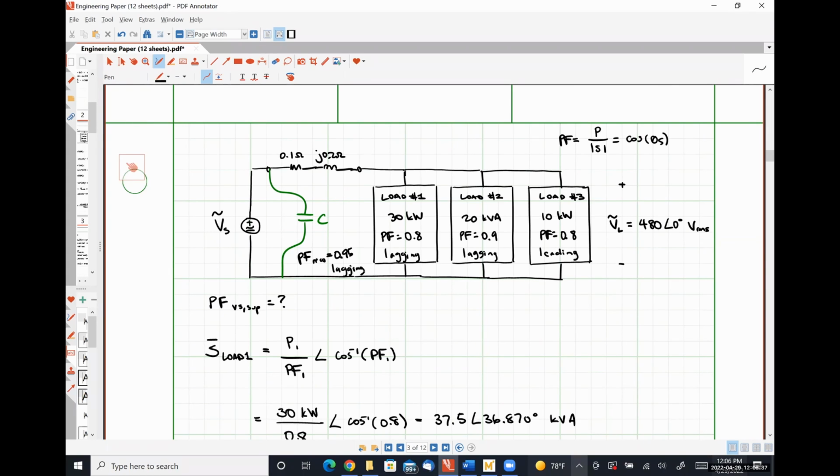Okay. So that's our new goal. Take this system and figure out how to properly power factor correct it.